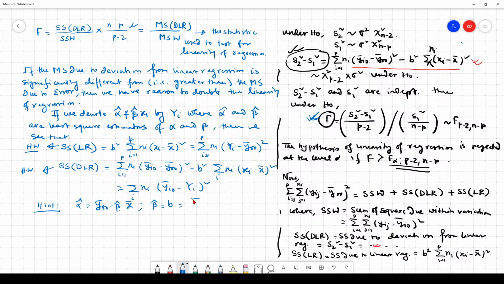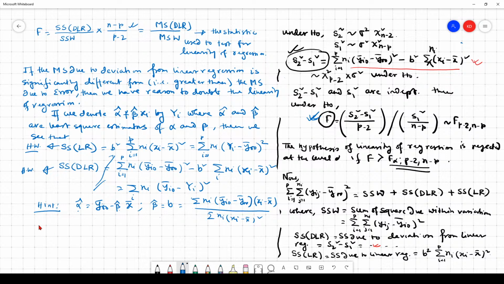So this is equal to the sum over i of ni (yi naught bar minus y naught naught bar)(xi minus x bar) divided by the summation of ni (xi minus x bar) whole square. So first you derive this part and use it here, and you can get the result.